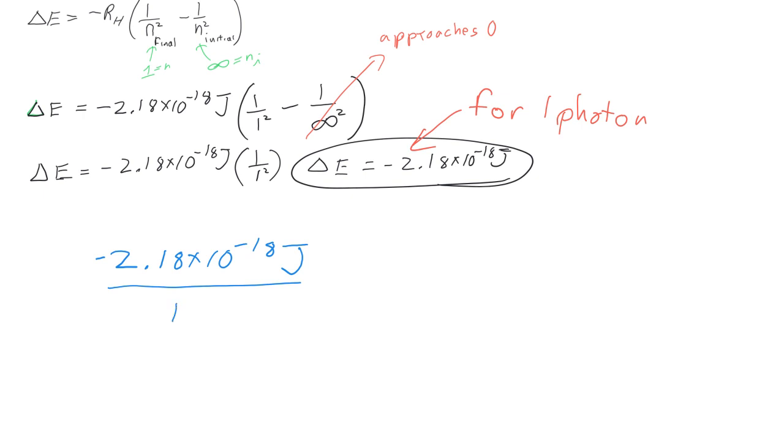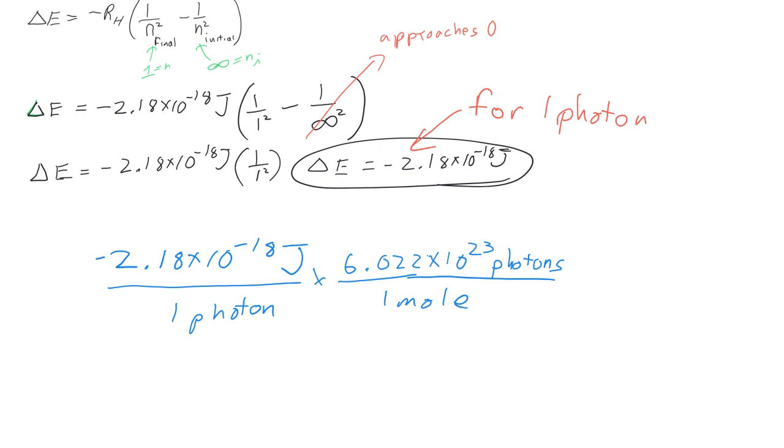Now that's per 1 photon. We're wanting per mole of photons. So we know that there are 6.022 times 10 to the 23rd photons in 1 mole.